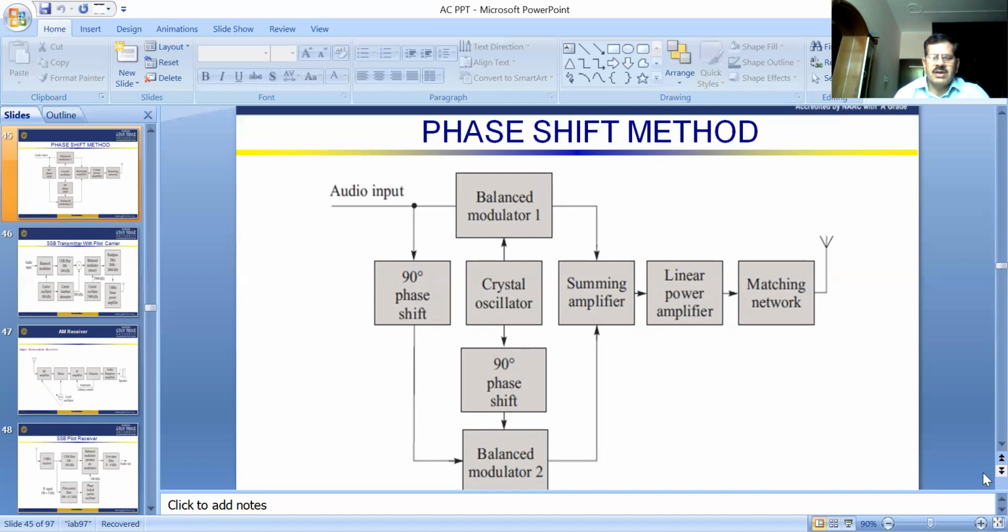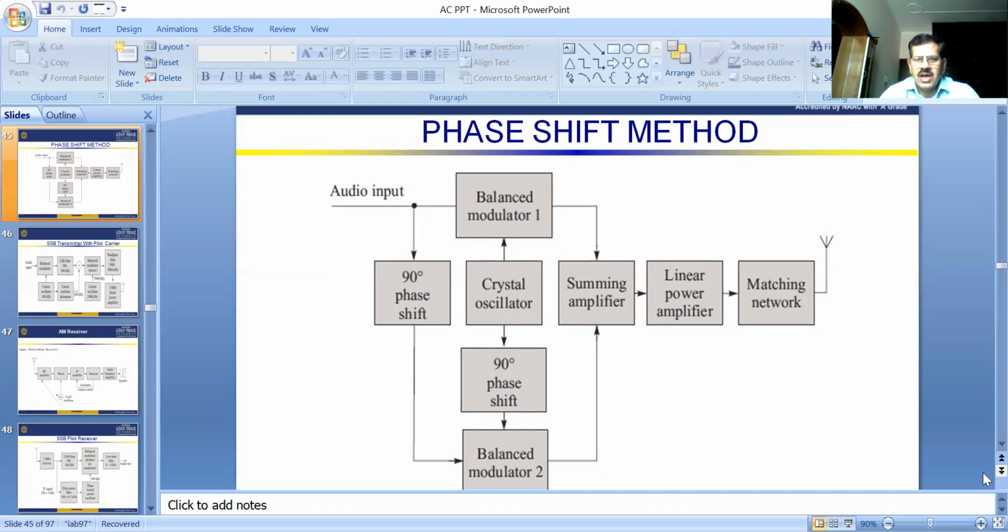Now this signal is applied to the balance modulator, and another signal, generated by the crystal oscillator, that is the high frequency signal, is also applied to the balance modulator, and we use here a 90-degree phase shift. The signal is shifted by 90 degrees with the help of this phase shifter, and after phase shifting the signal is applied to the summing amplifier, and here the two signals are summed.